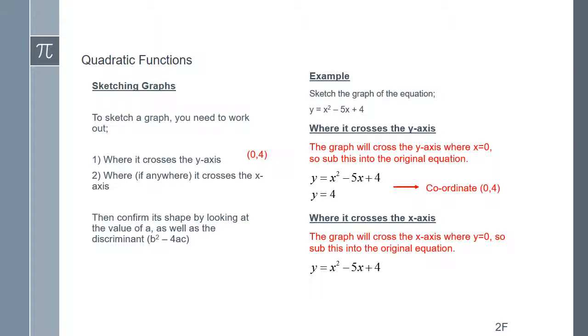We know there are two real roots, so we know we can solve it somehow. If we factorise x squared minus 5x plus 4, that's (x minus 4)(x minus 1). So the solutions are 1 and 4, so the coordinates are (1, 0) and (4, 0).